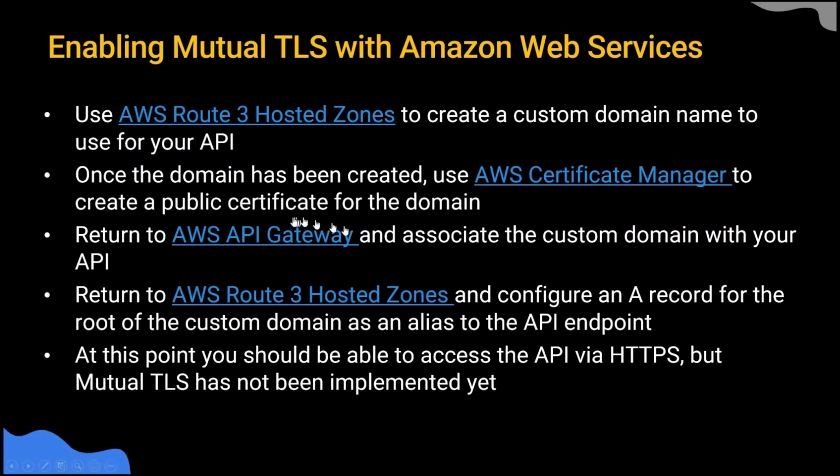I will return to the AWS API Gateway, and I will associate the custom domain now with my API. I'll go back to the Route 53 hosted zones, and I'll configure an A record for the custom domain to point to the alias for the API, that subdomain within Amazon Web Services that they provided me.